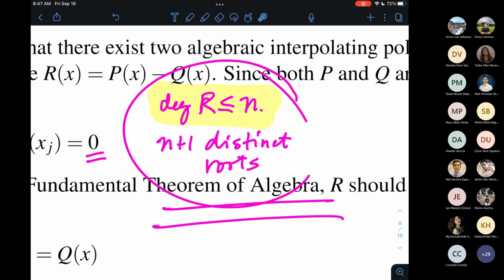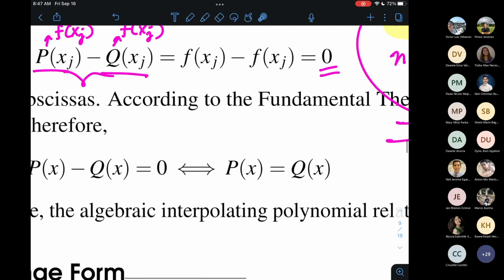Sumobra yung roots kesa dun sa degree. And then the fundamental theorem only has one implication for that. Ang implication niya, si R ay yung zero polynomial. Right? Because sa polynomial, hindi posibleng mas malaki yung number of distinct roots kesa sa kanyang degree unless siya yung polynomial na zero everywhere. And that's what we get.